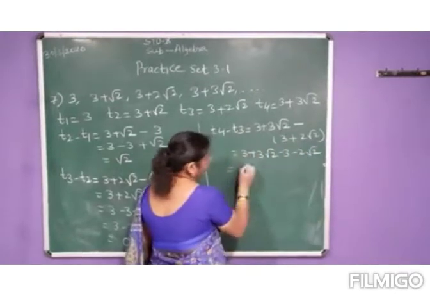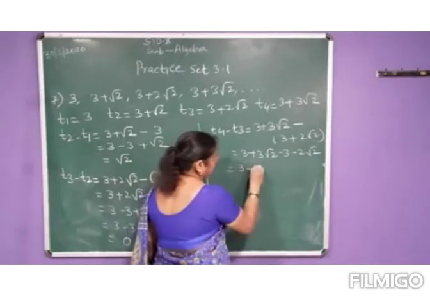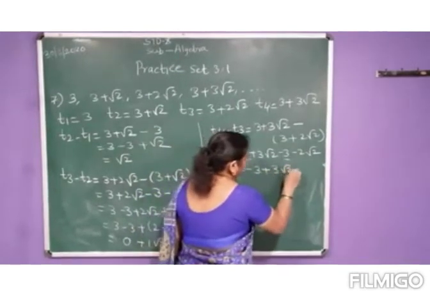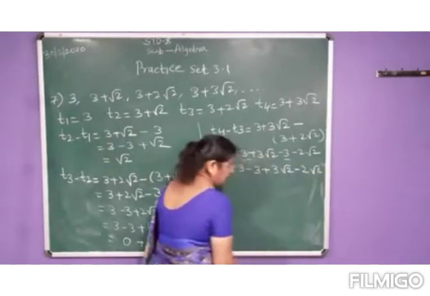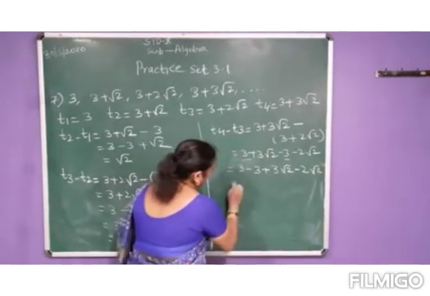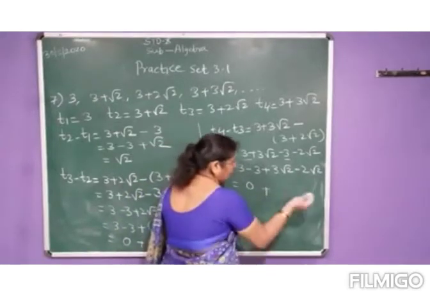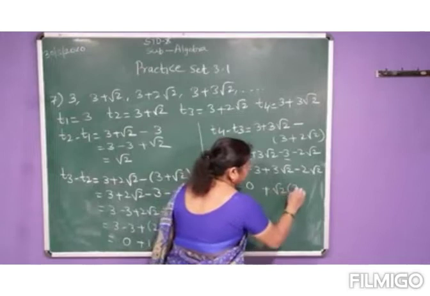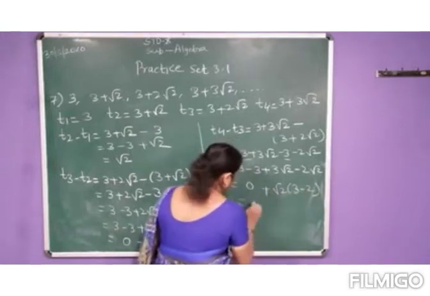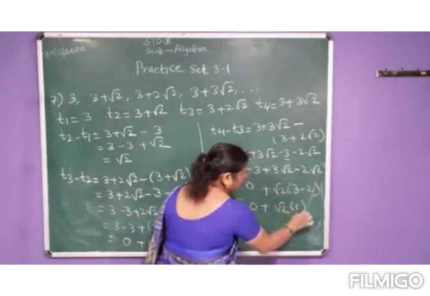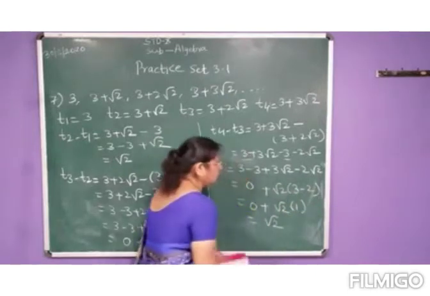Now again I am bringing the like terms together. 3 minus 3, these are the same, then plus 3 root 2 minus 2 root 2. Here 3 minus 3 is 0. Now I can take out root 2 common. If I take root 2 common, what will I get? 3 minus 2. So 0 plus root 2 as it is. 3 minus 2 is 1. So the answer I got over here is root 2.